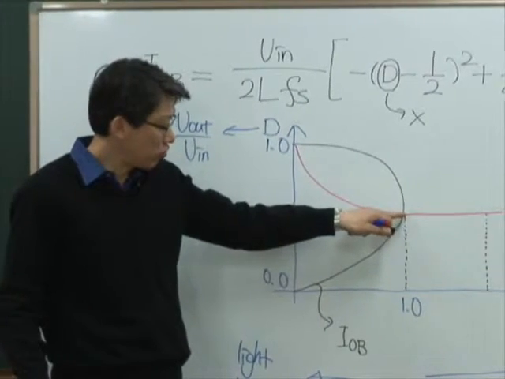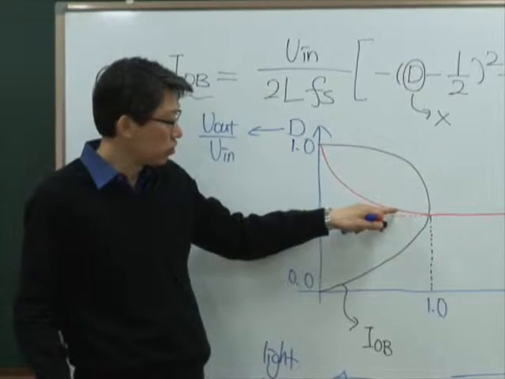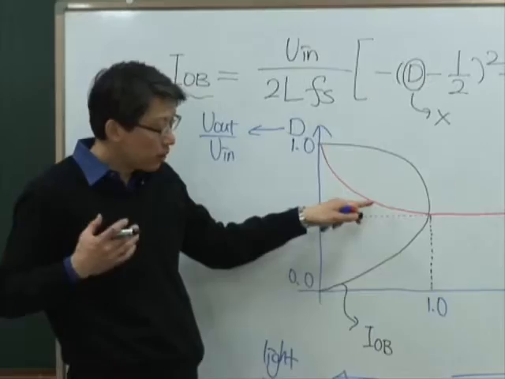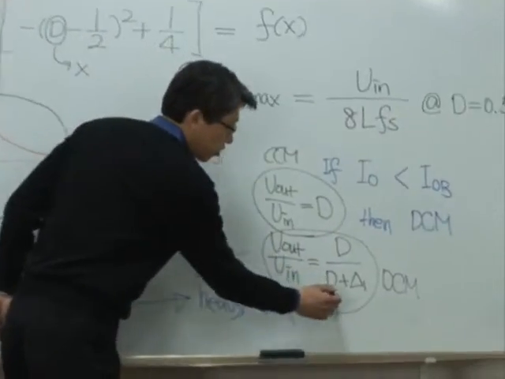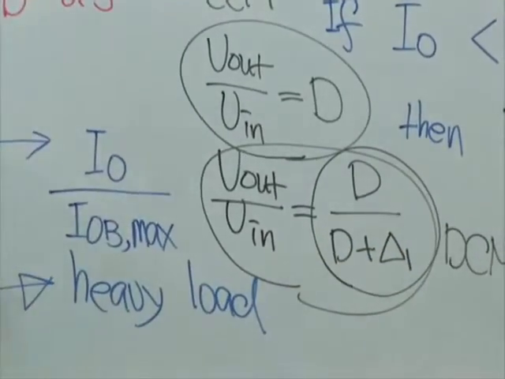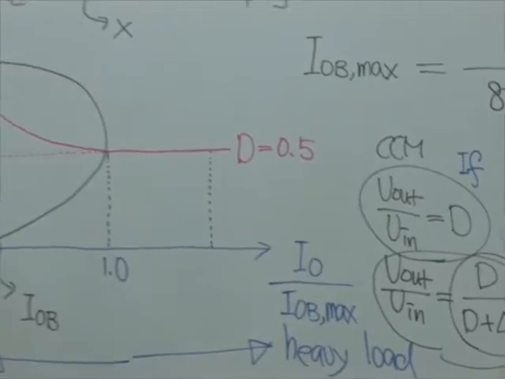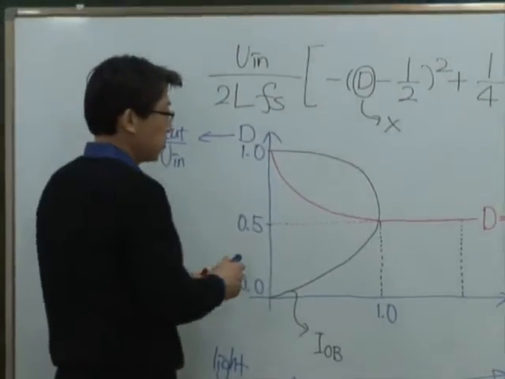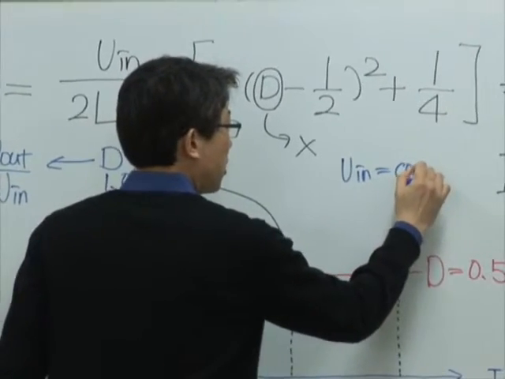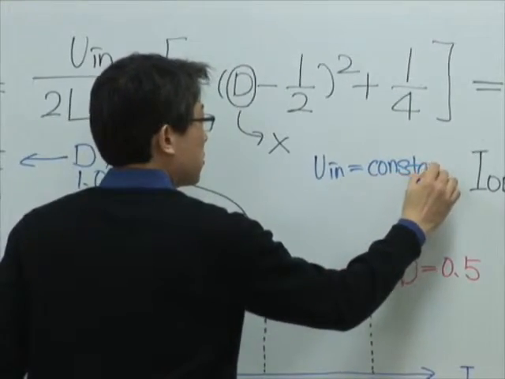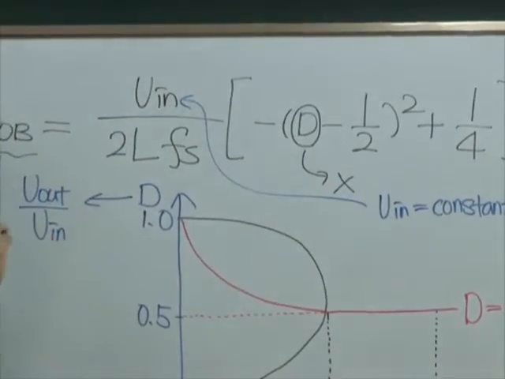And when I cross over this point, entering this discontinuous conduction mode, while I maintain the same duty, then this number is going to be bigger so that I obtain higher output voltage. Okay? And here the main condition is V input is constant. Why? Because this is referred to as a constant value.